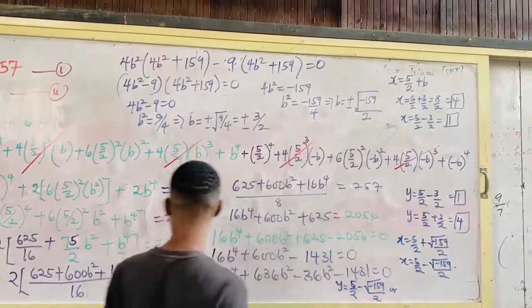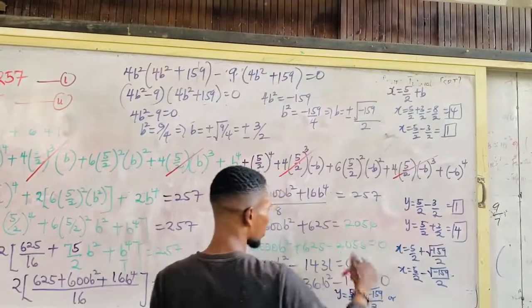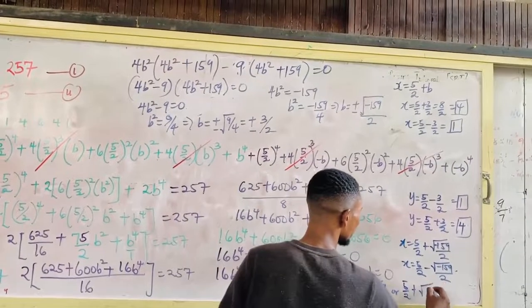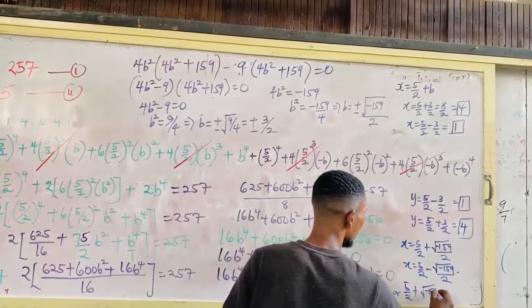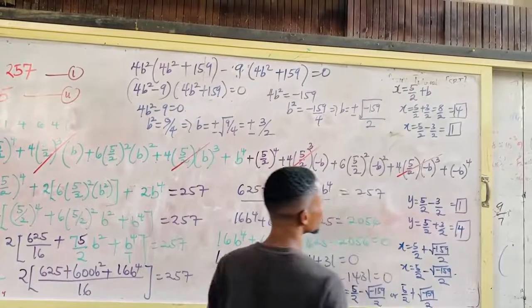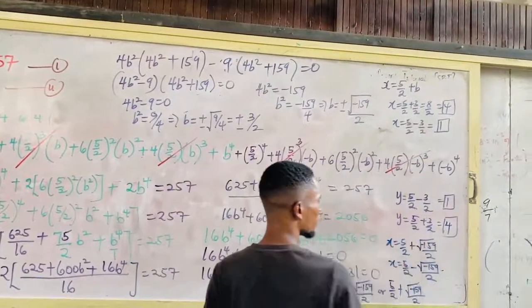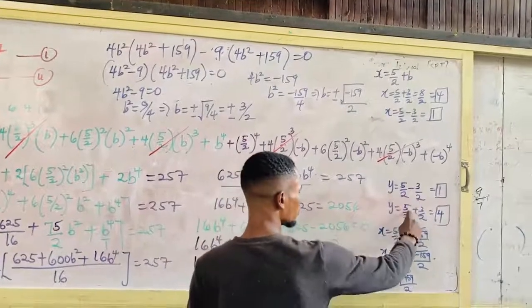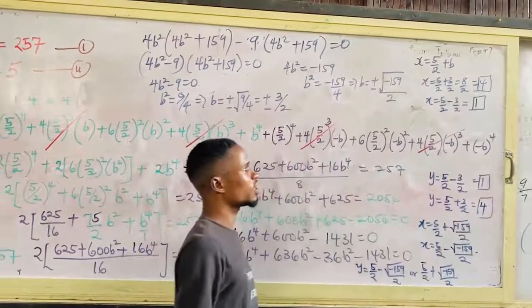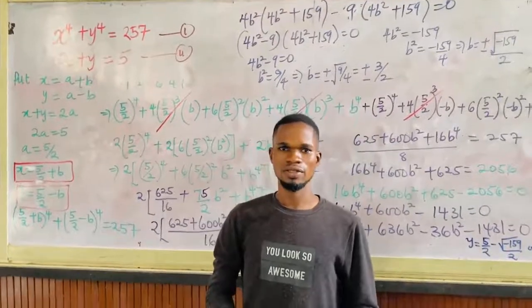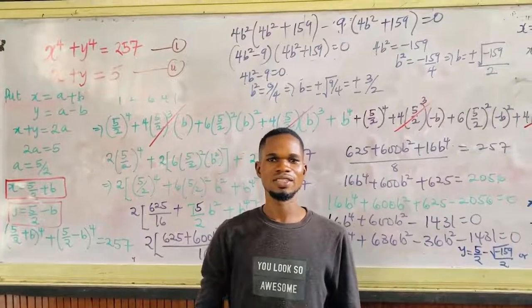And when it is negative, that will be 5 over 2 plus root minus 159 all over 2. So 1, 2, 3, 4. These are the solutions of this simultaneous equation.